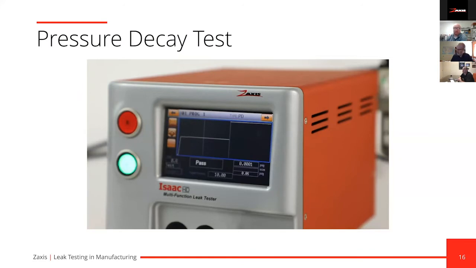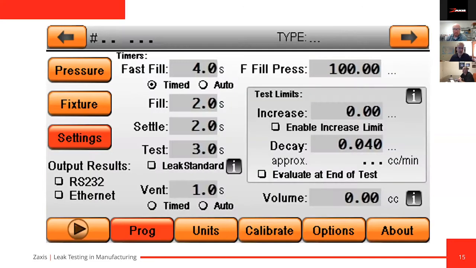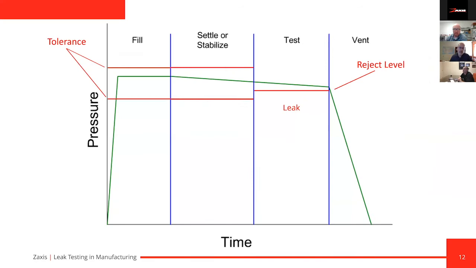One note that I'll make, and I'll back up a couple of slides here and just show the red lines on this chart. They represent what you see on the screen inside of the red lines. So during fill and settle, the top of the screen is your plus tolerance, the bottom of the screen is your minus tolerance, and the middle is your test pressure.